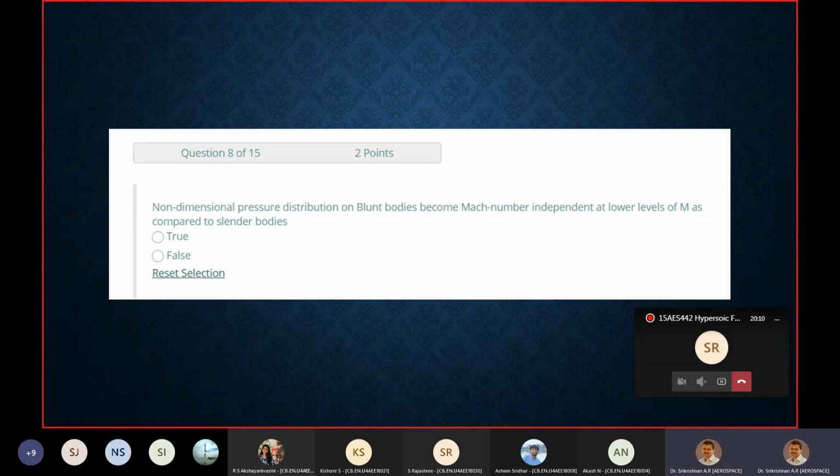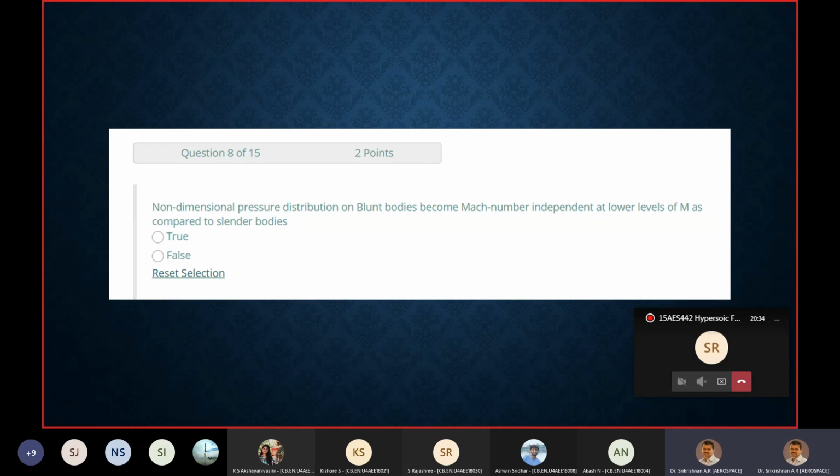Non-dimensional pressure distribution. This observation is based on experimental studies, and we have seen a brief theoretical explanation for that. The statement is: non-dimensional pressure distribution on blunt bodies becomes Mach number independent at lower levels of Mach number as compared to slender bodies.